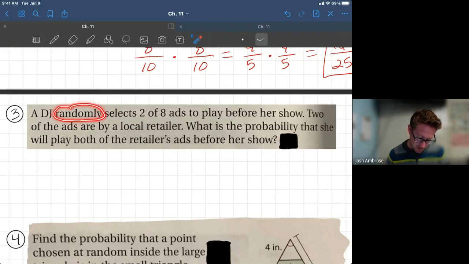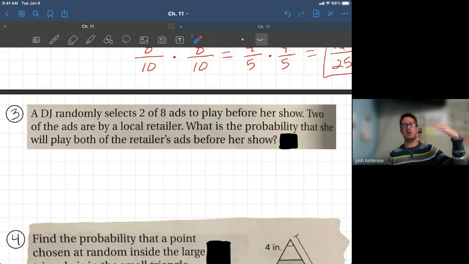Randomly selects 2. There's a total of 8. She just randomly selects 2. That tells me that order doesn't matter. She can pick any of the ads. She picks 2 ads. It's not like you have to pick in alphabetical order, longest ad, shortest ad. There's no qualifications on how she picks. She just randomly picks.